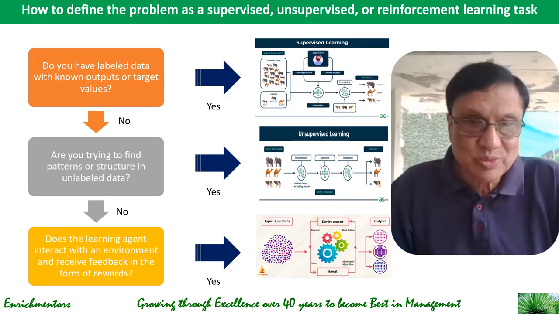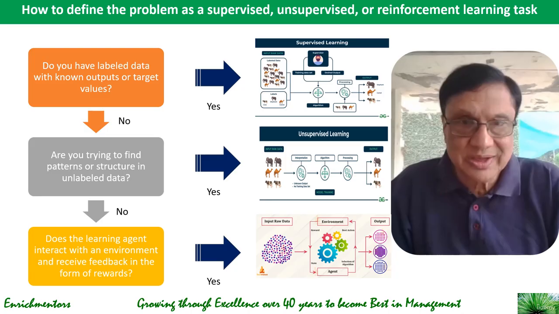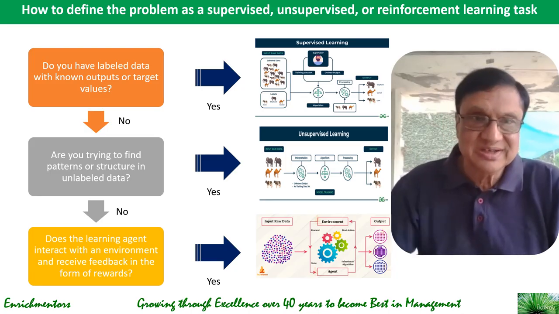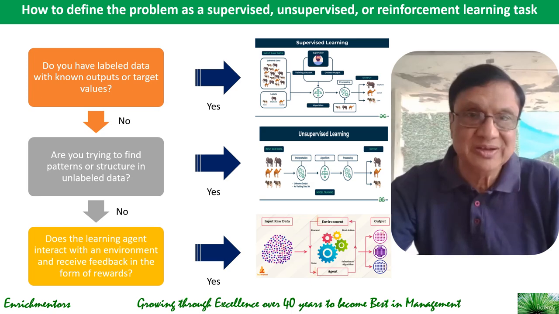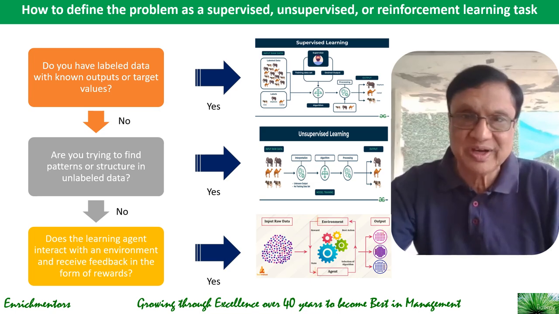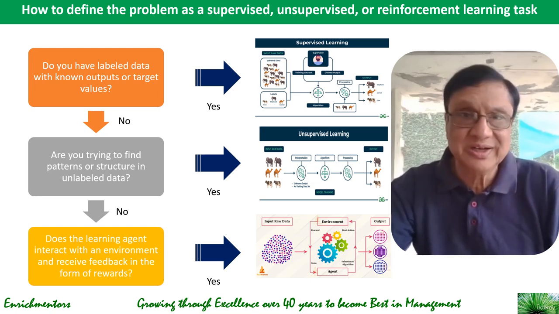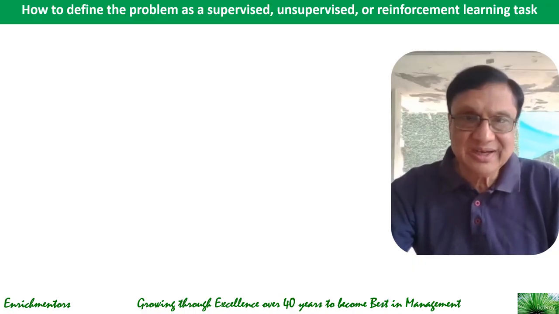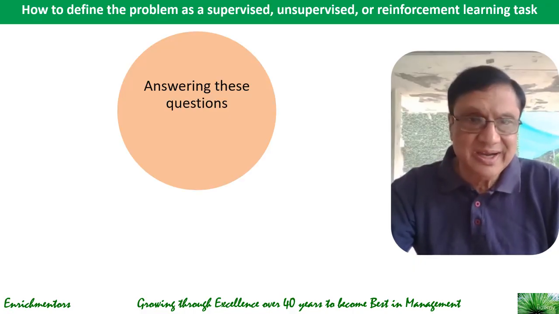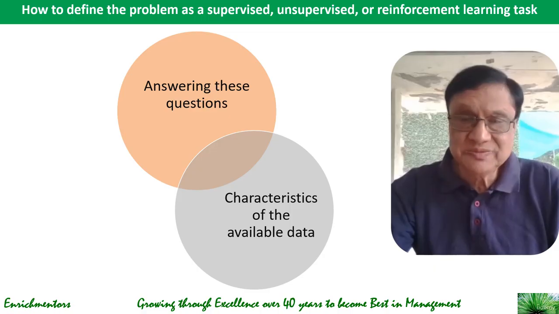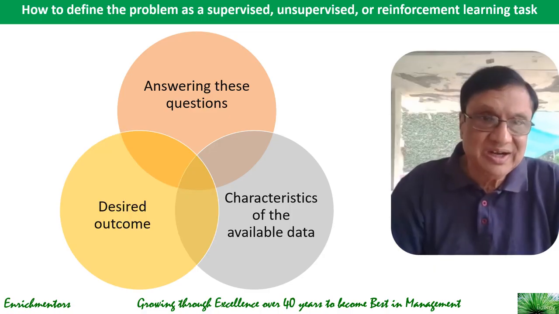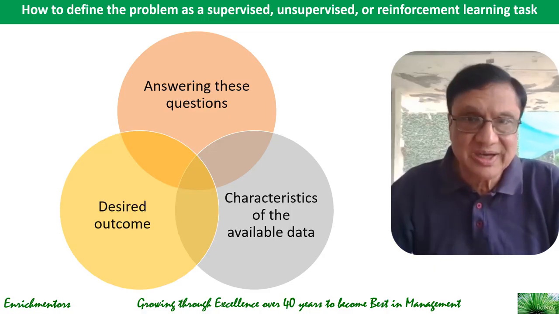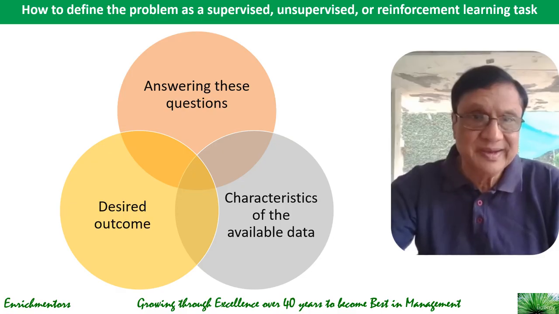So asking these questions in this order and sequence and eliminating or confirming the task is the way to go ahead and define the problem as a supervised, unsupervised, or reinforcement learning task. By answering these questions and understanding the characteristics of available data and desired outcomes, you can effectively define the problem as an appropriate type of learning task, as you saw.